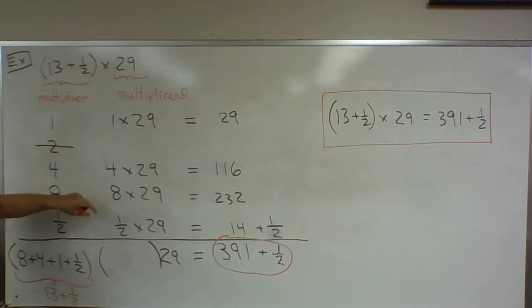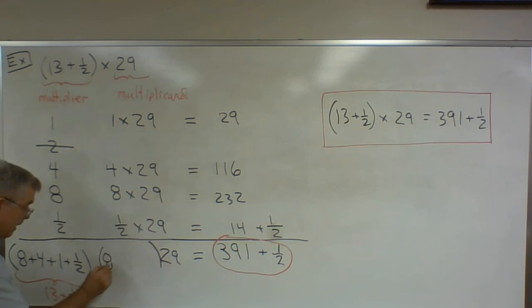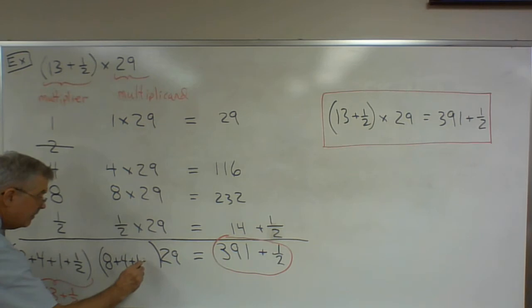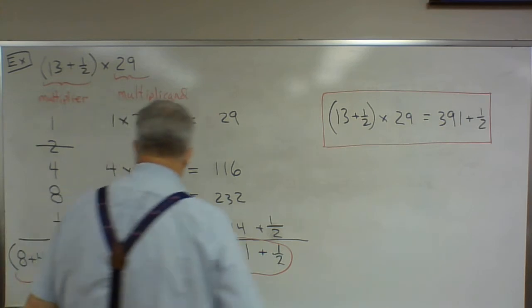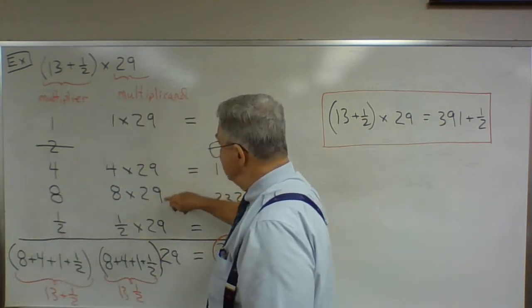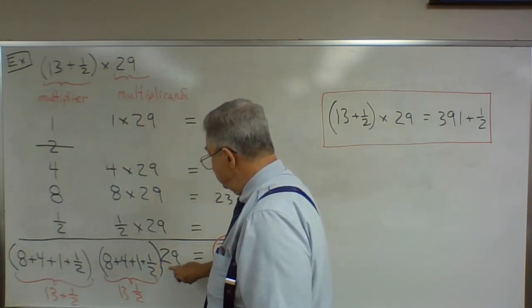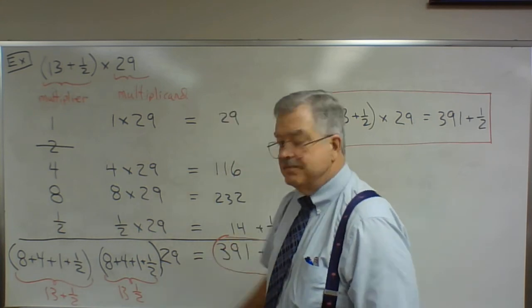I get 8 plus 4 plus 1 plus 1/2 times 29. But what is this? This is just our multiplier, 13.5. So when we add these things up, we have our multiplier times the multiplicand.